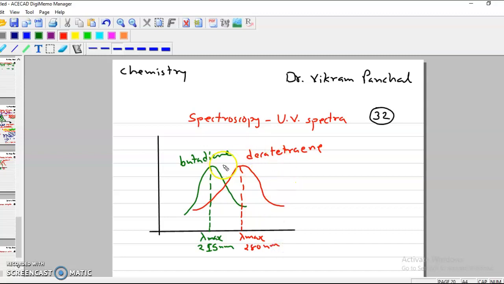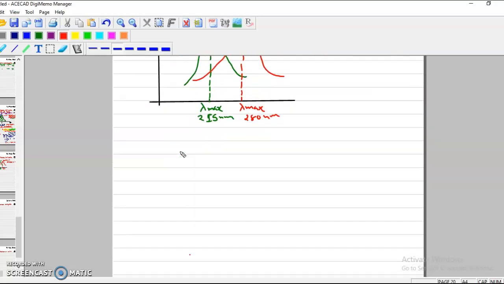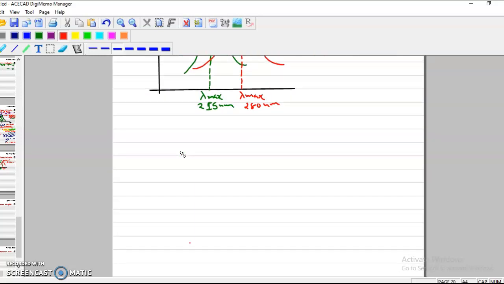So here the graph goes to the right hand side. This is called bathochromic shift or red shift, and that is because of conjugation. If you have higher conjugation, then the graph will go towards the right side.